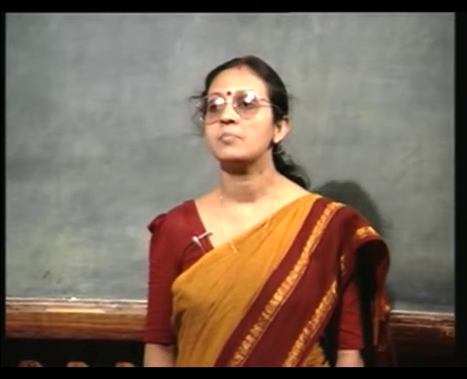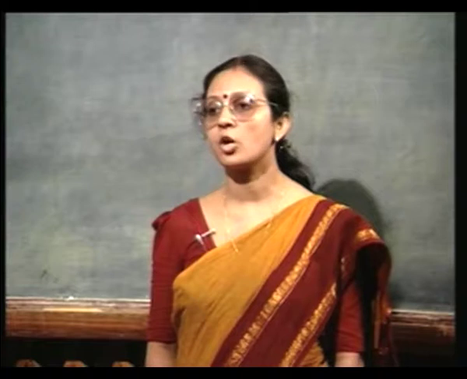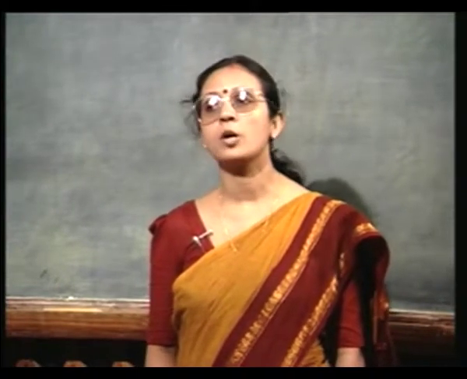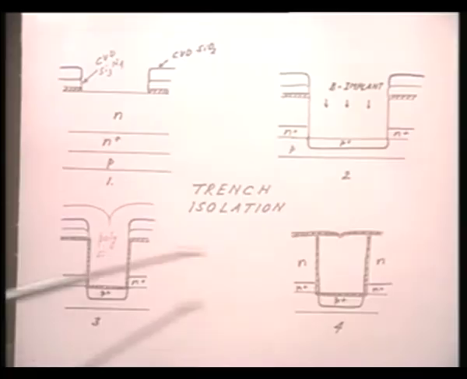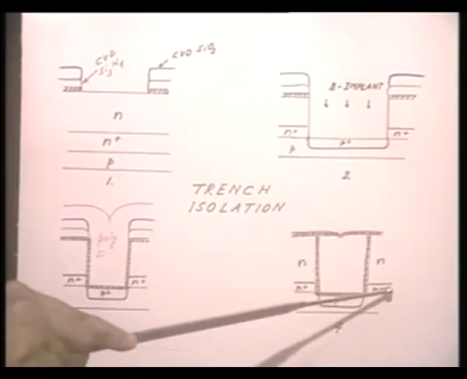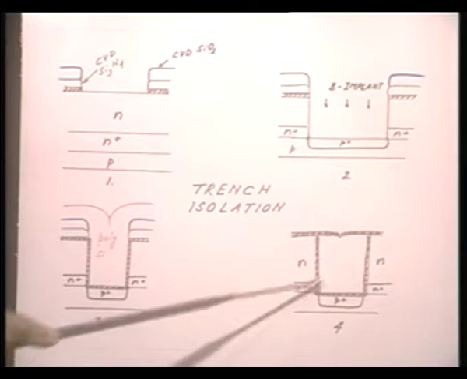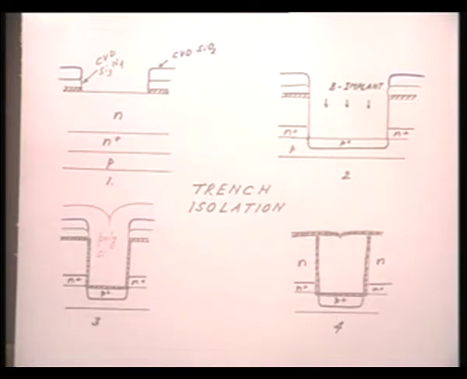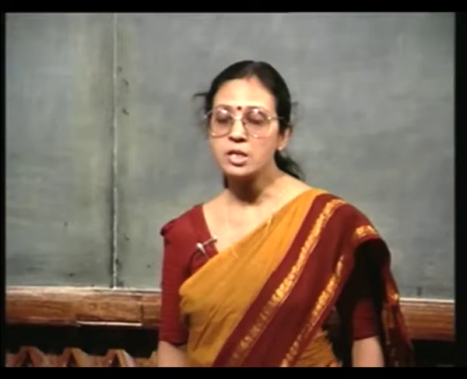So, this P plus implantation is therefore called a channel stop implant. It is a channel stop implant which you carry out in order to ensure that these two N plus regions are electrically isolated, so that even inadvertently, because of the parasitic MOSFET action, it should not get turned on.